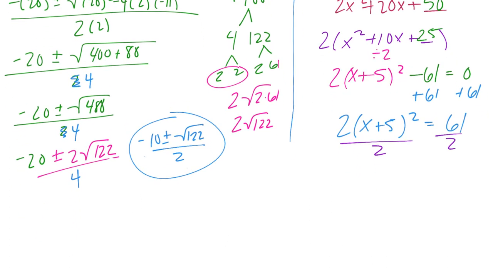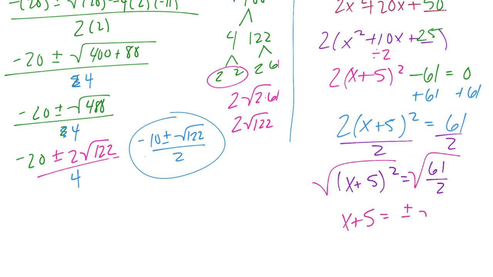So then I am left with x plus 5 all squared equals 61 over 2. I want to square root both sides. So x plus 5 equals plus or minus the square root of 61 over 2. And then I want to minus 5 on both sides. And my final answer, x equals negative 5 plus or minus the square root of 61 over 2.